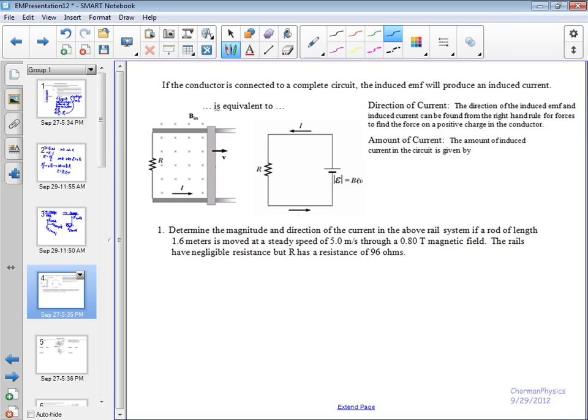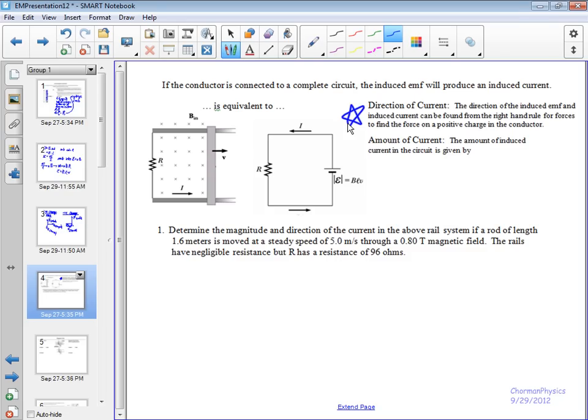That goes back to Ben Franklin and arbitrary assignments of what was considered to be positive or negative charge. As long as you stay consistent with it, you'll be fine. So even though the electrons are moving, if you look at this circuit, in a clockwise fashion, the positive charge is moving in a counterclockwise fashion.